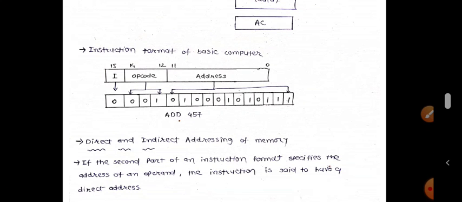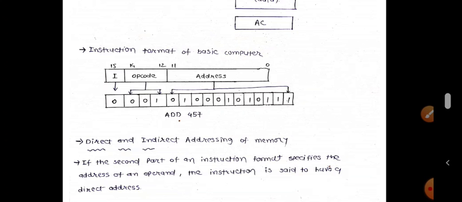Then what is the instruction format of the basic computer actually? Our register size here is 16 bits, divided into three parts.